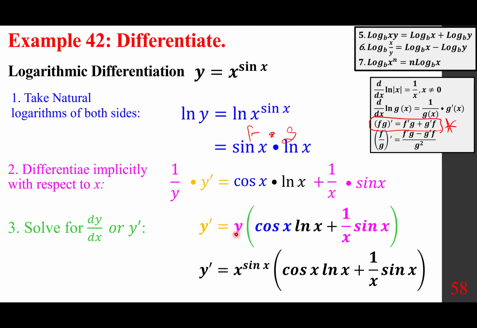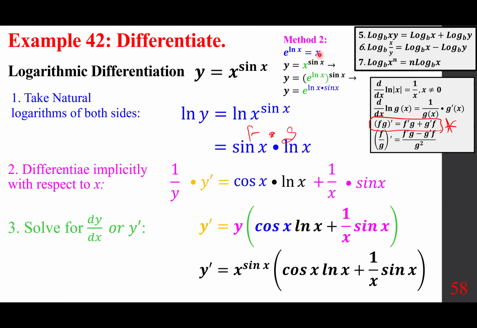Now, again, when the base and the exponent are both functions of any independent variable, for example, x, one methodology is logarithmic differentiation. The second method is to remember e to the power of ln x is x.